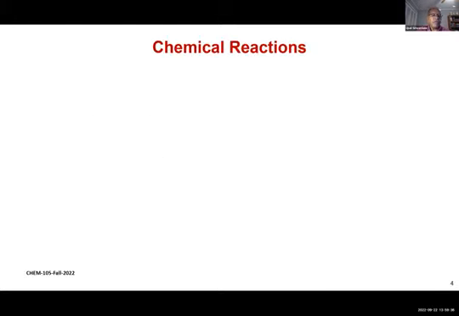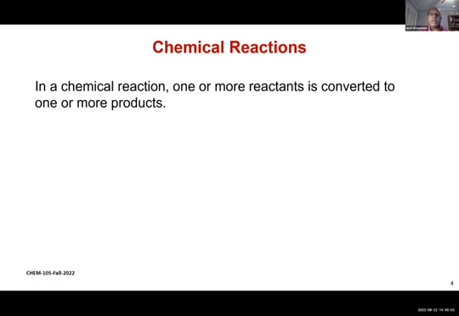So let's start with chemical reactions. That's the first topic in the chapter. What are chemical reactions? Chemical reactions are changes that atoms and molecules undergo. Atoms and molecules called reactants undergo change to produce products. In a chemical reaction, one or more reactants are converted to one or more products.